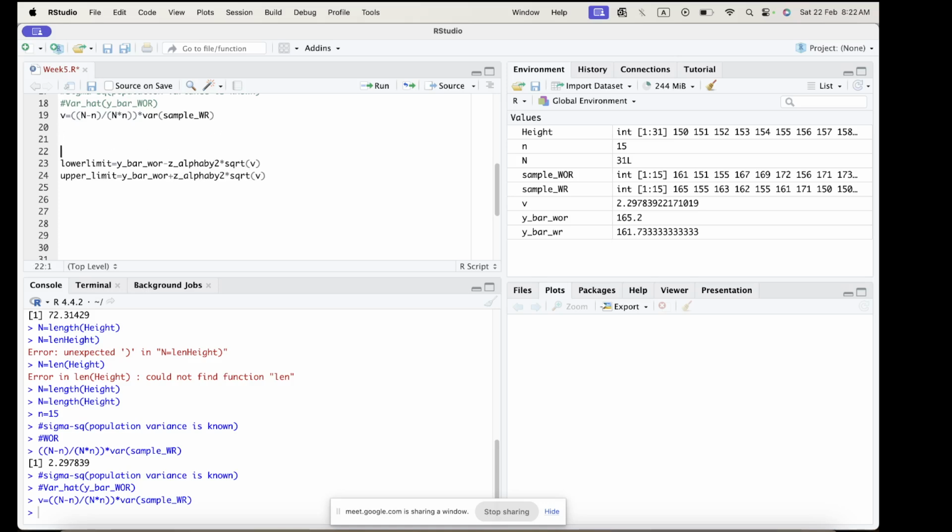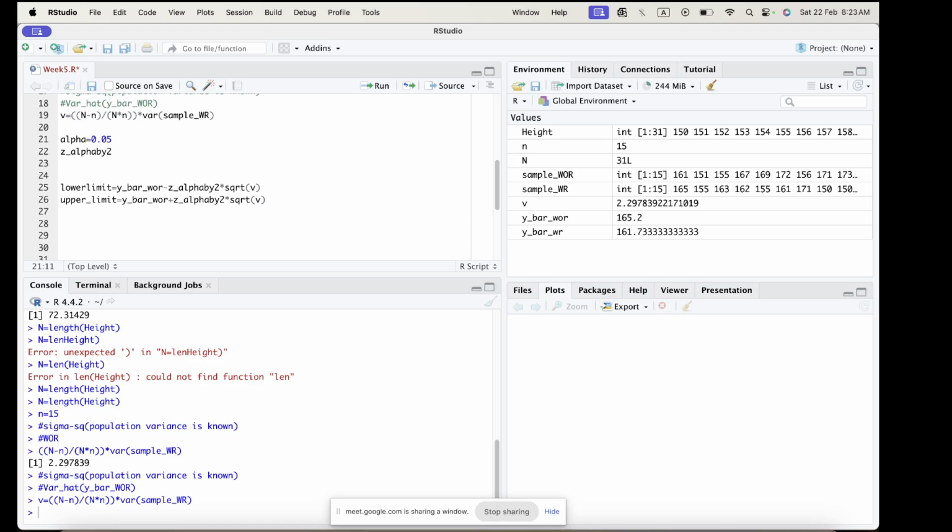Okay, now how do I get Z alpha by 2? So Z alpha by 2 is actually that point on my normal distribution such that the area above is alpha by 2. So here if I say alpha is 5%, it would be 0.05, because I am actually curious in 1 minus alpha percentage.